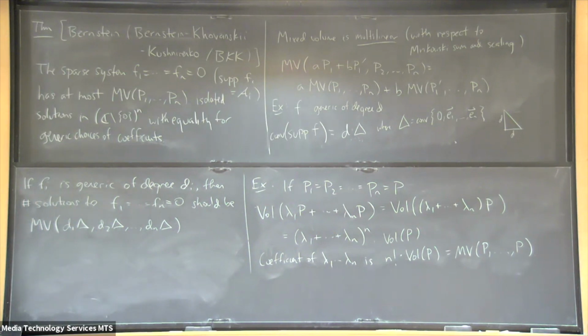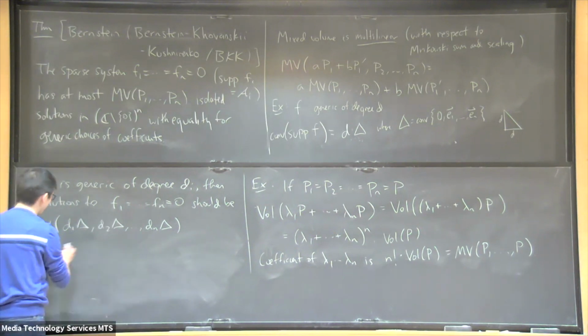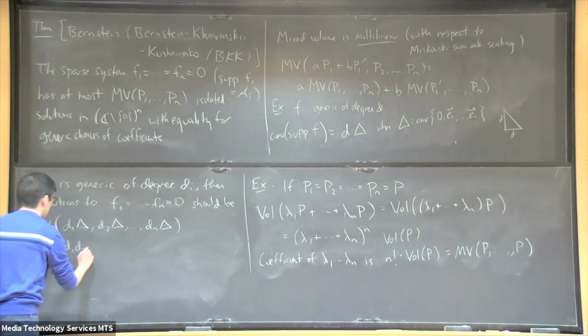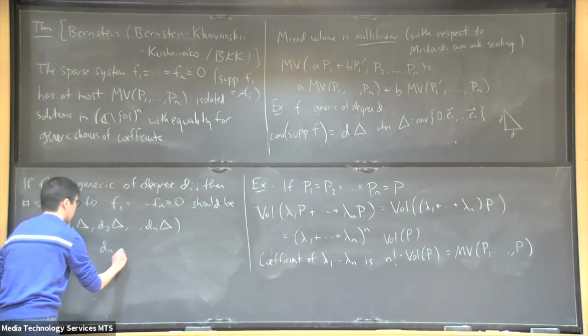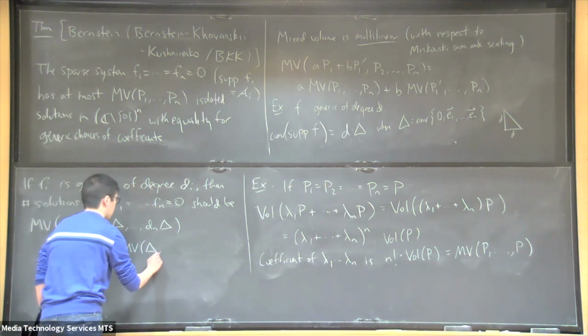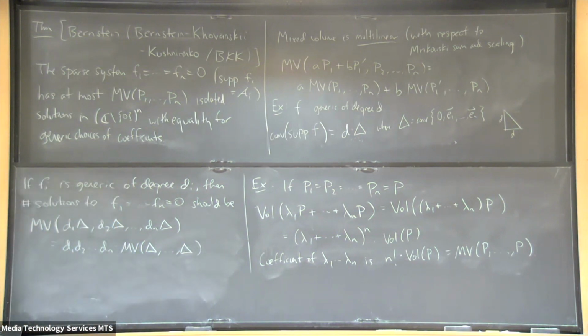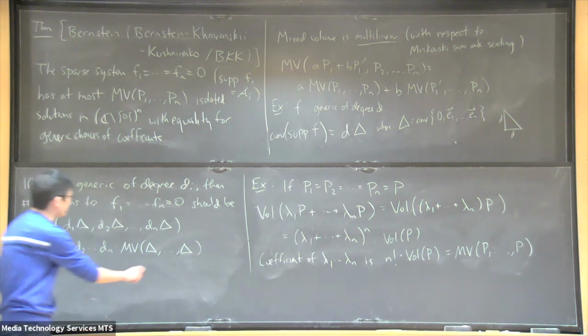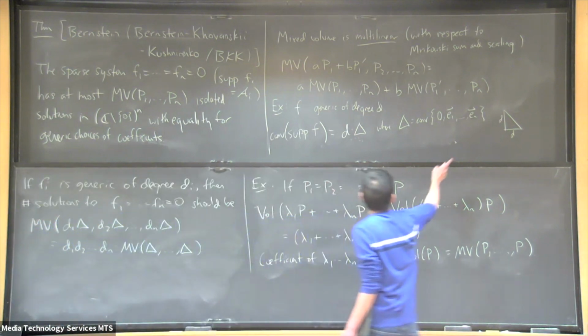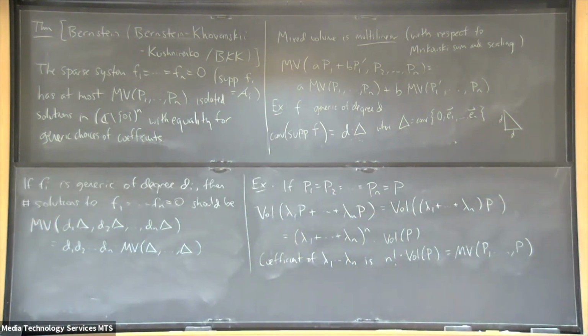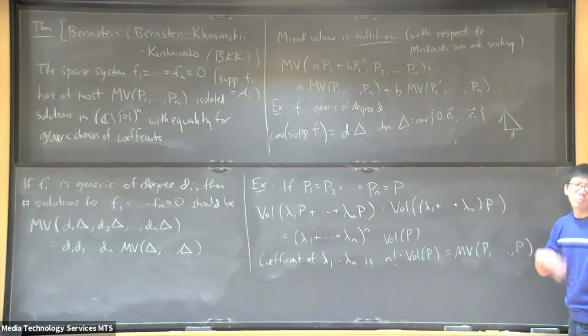And because this is multilinear, we can just pull out all these factors. Each of these deltas is this elementary simplex, which has volume 1 over n factorial. And if we plug that in here, we'll see that the mixed volume of the simplex with itself n times is just going to be 1.